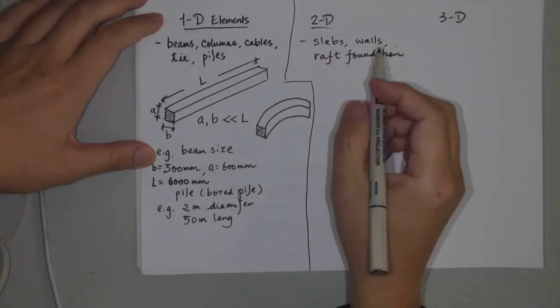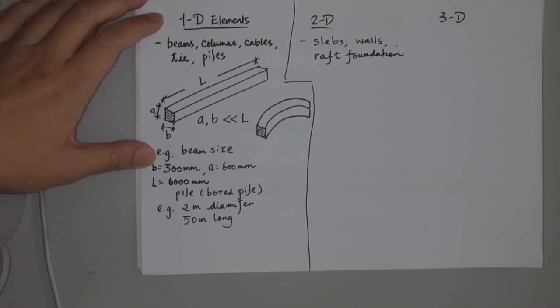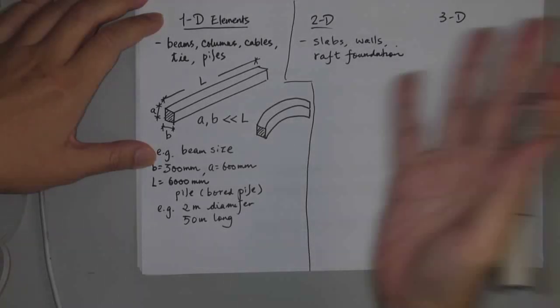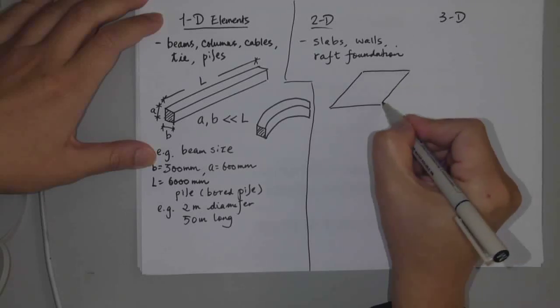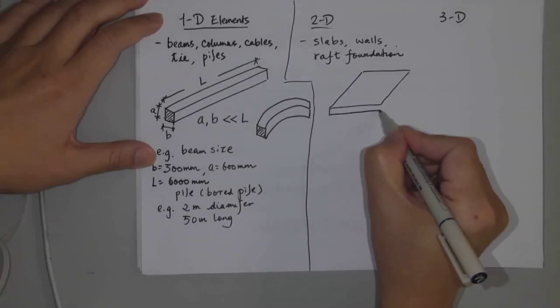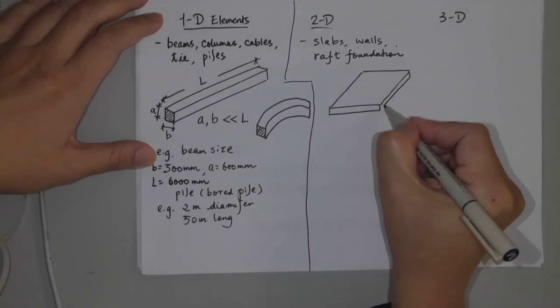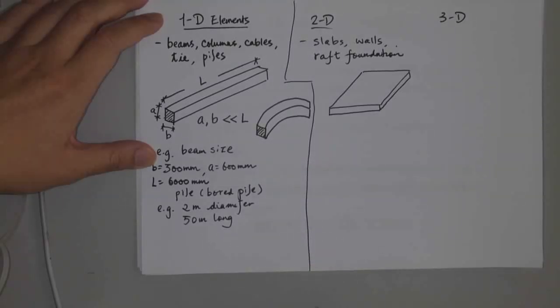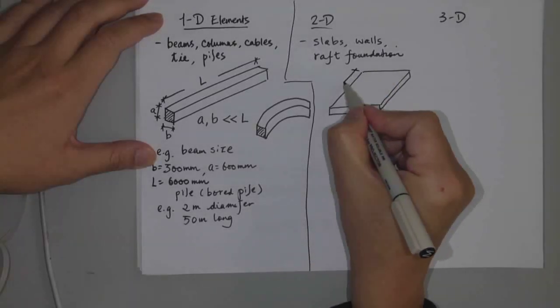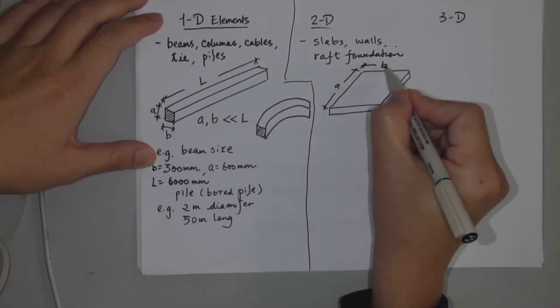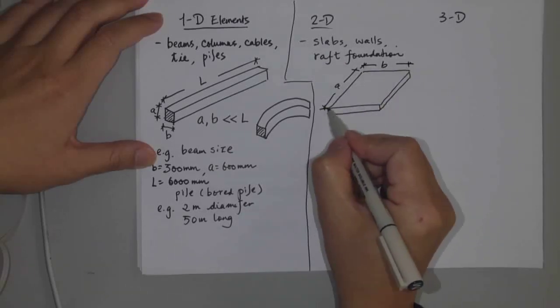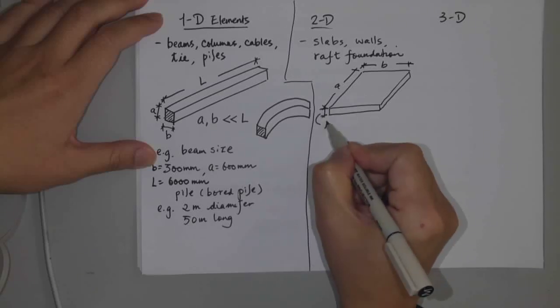So let me just draw a slab or wall. It's just something like this on plan. That's the thickness. Let's say this is my little a now, this is my little b now, and the thickness is, let's say, my little t.